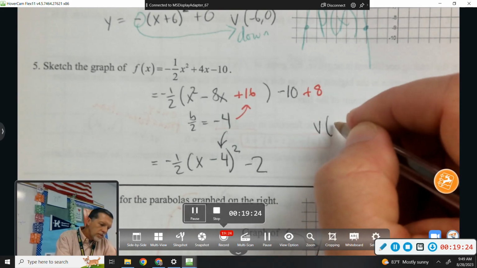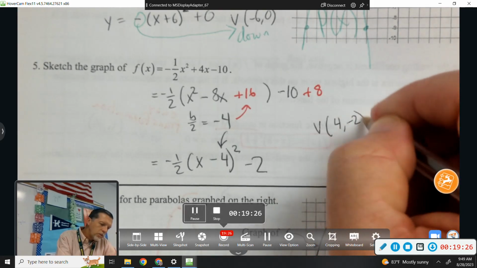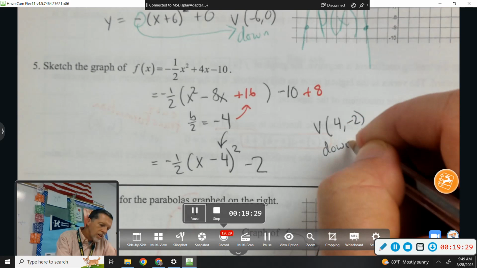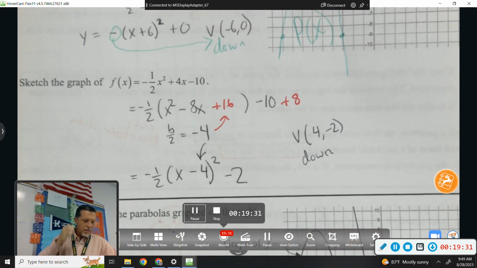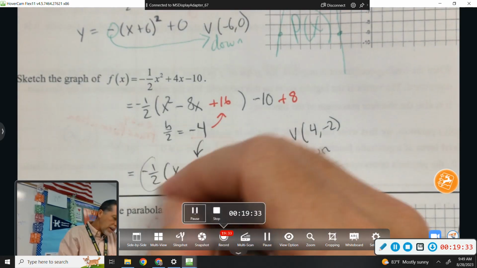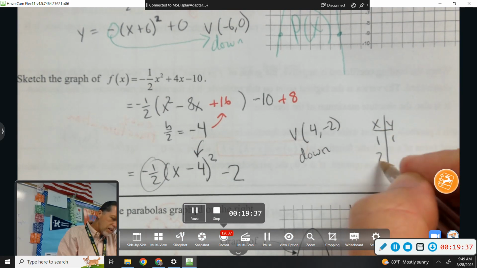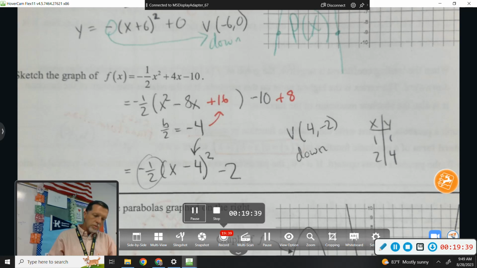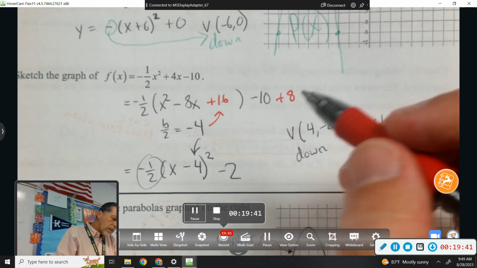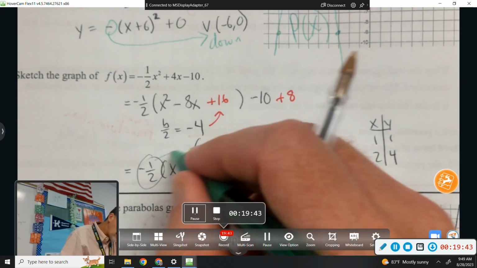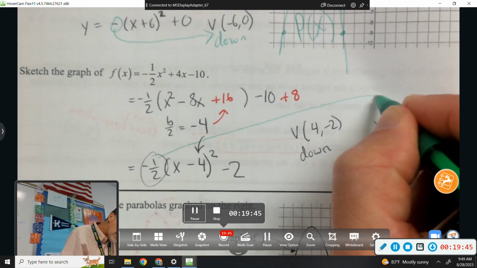So a vertex of 4, negative 2. It's opening down. And I got this 1/2 thing going on here. So normally it's 1, 1, 2, 4. How do I account for the half? Who gets multiplied by a half? The y coordinates.